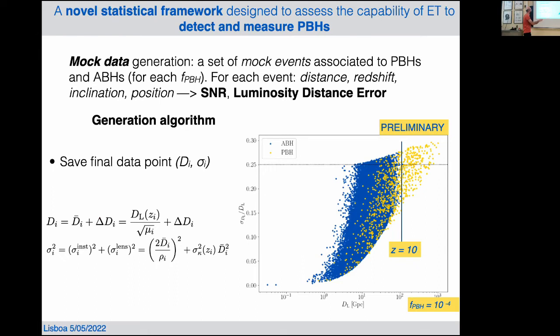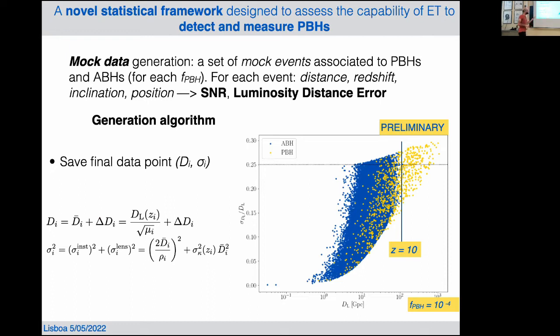Here we have the threshold for detection that corresponds to a signal-to-noise ratio of 8. Here you have a population of astrophysical black holes, how it would look in this plot. You see that increasing distance corresponds to larger errors. And then you would have a population of primordial black holes popping up at very high distances.